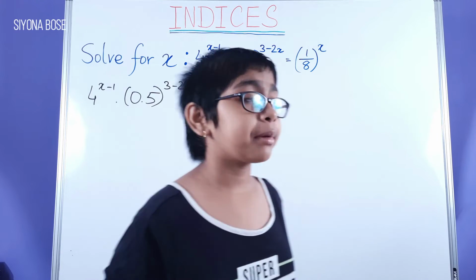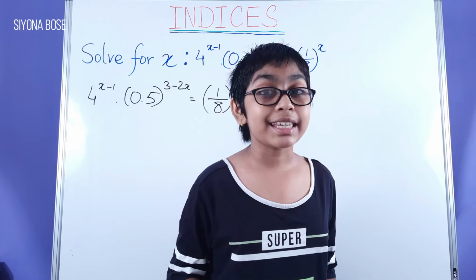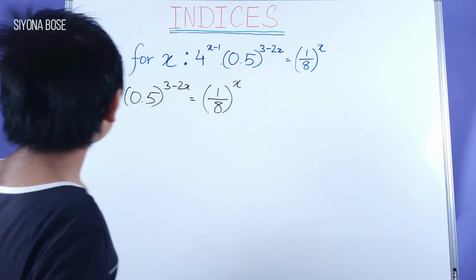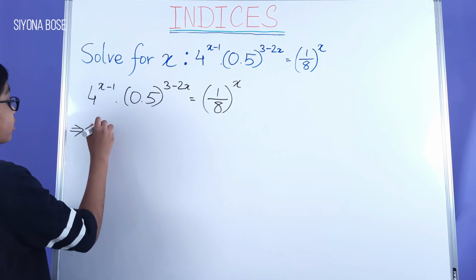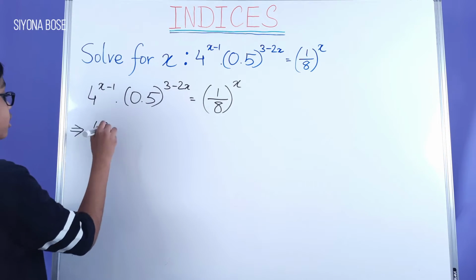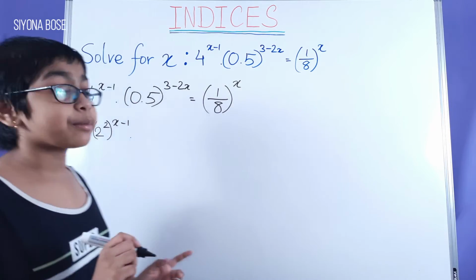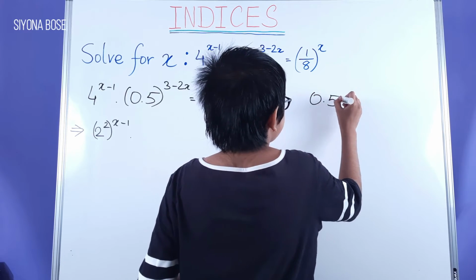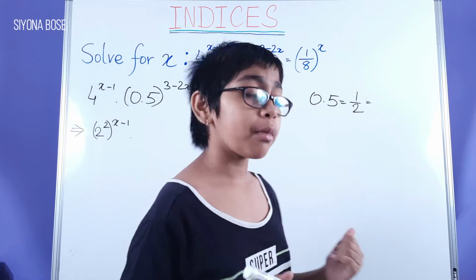Now over here, we'll try to make all of this in a power of 2. Let's see how. 4 can be written as 2 squared, which implies (2^2)^(x-1). Now, the thing about 0.5 is 0.5 is actually half, and half is 2^(-1).